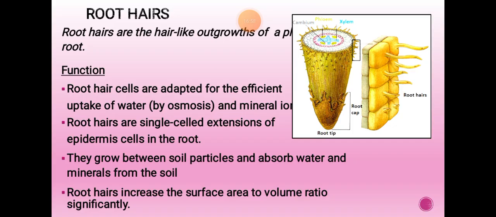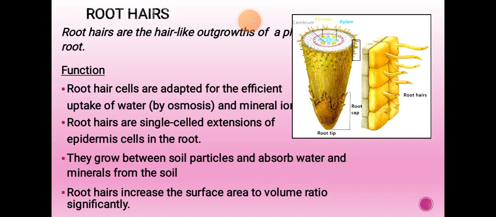Okay, then root hairs are single-celled extensions of epidermis cells in roots. This is a very important one, and you need a good understanding of it. Single-celled extensions means that they don't have more than one cell. They are extensions of the epidermis cells present in the roots.